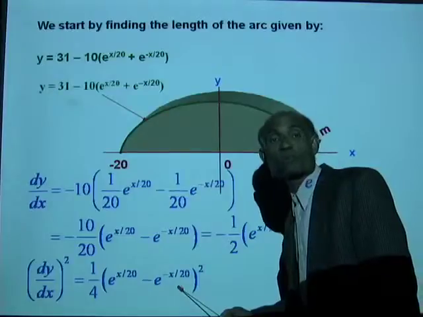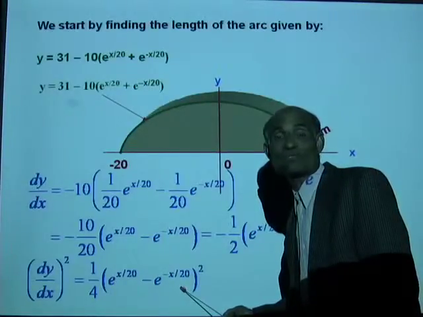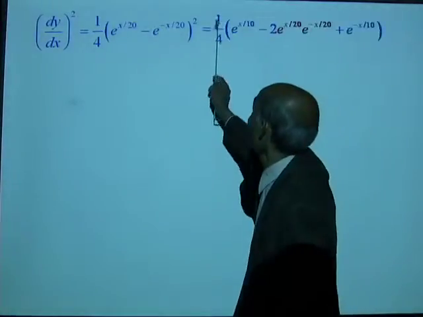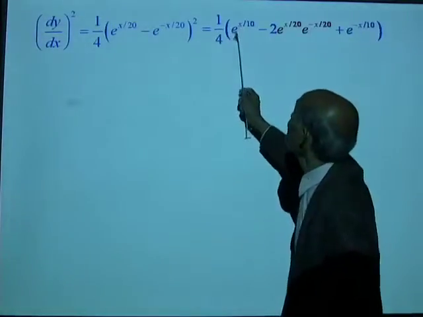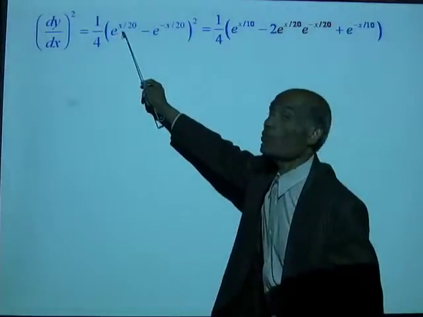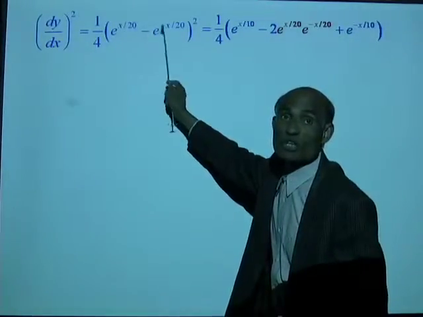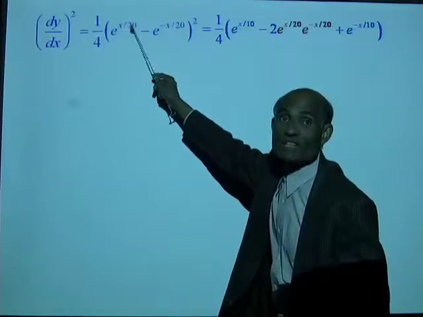And the square of this will be e to the power of negative x over 10. All right, so let's write down that quantity. That will be 1/4 e to the power of x over 10. That's the square of this. Then minus the middle term. The middle term is 2 times a times b.